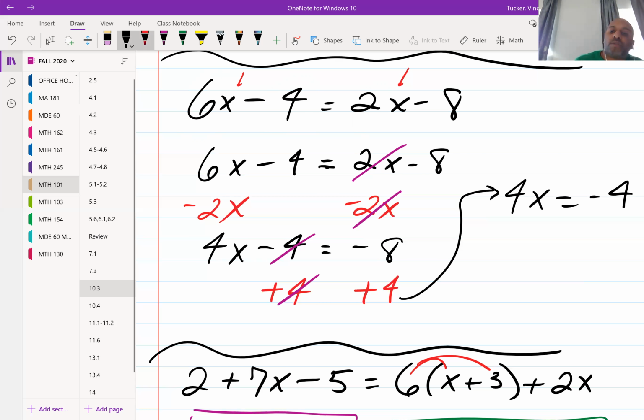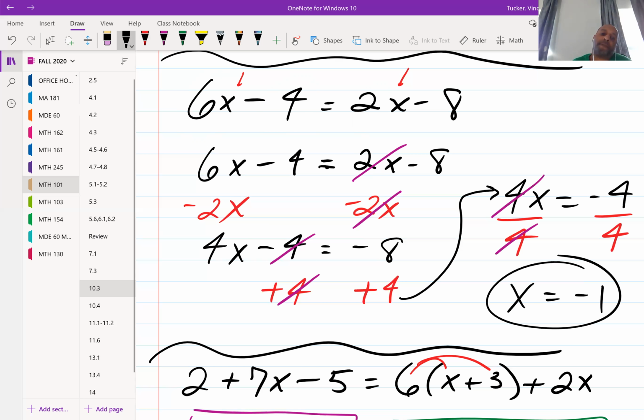And then to finish it off, divide both sides by 4. 4's cancel. X is equal to negative 1. All right, questions? Any questions?